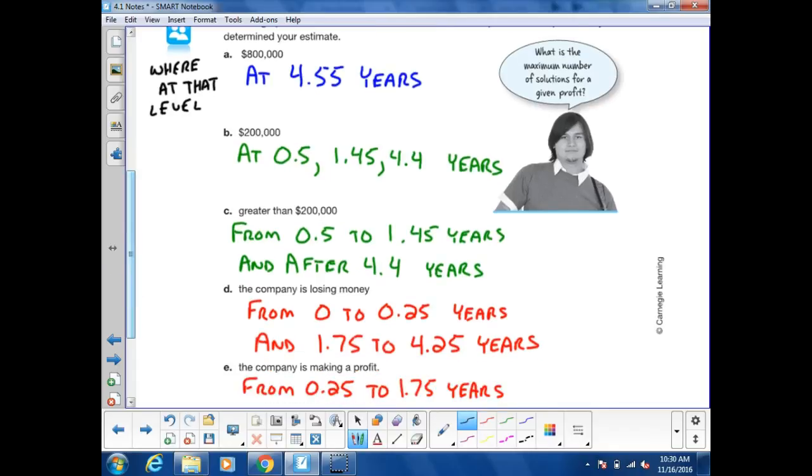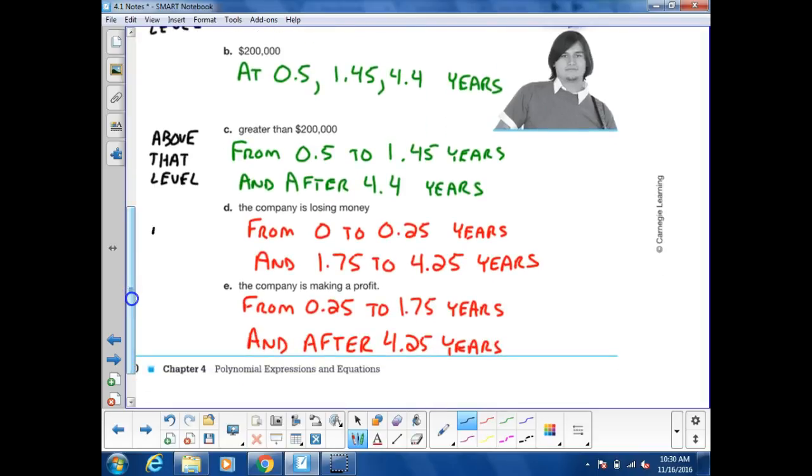Part C, where it's above that level. Where the company's losing money is below the x-axis, where the company's making a profit would be above the x-axis. Okay?